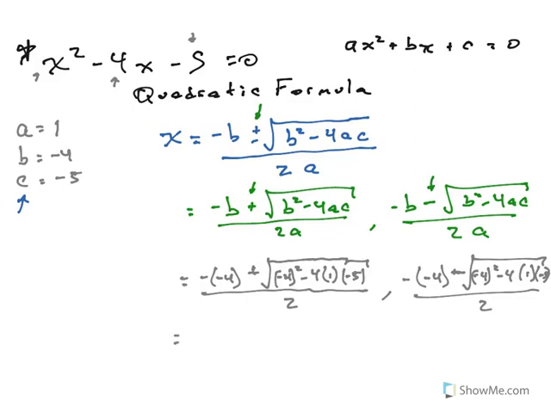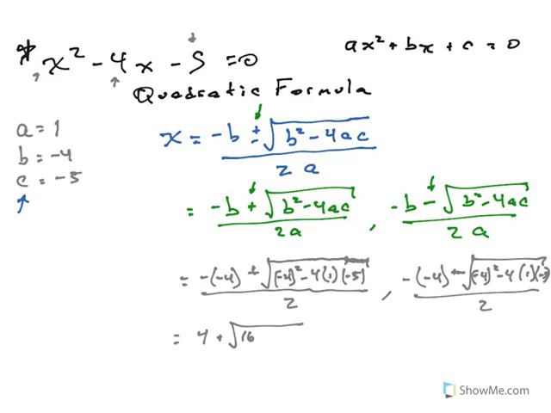All right, so now it's just a matter of plugging this into your calculator or doing it in your head, however you want to do it. Let's look at the square root part first. So we have negative 4, that's positive 4, plus the square root of negative 4 squared, negative 4 times negative 4 is 16, minus 4 times 1 times negative 5. 4 times 1 is 4. 4 times negative 5 is negative 20.